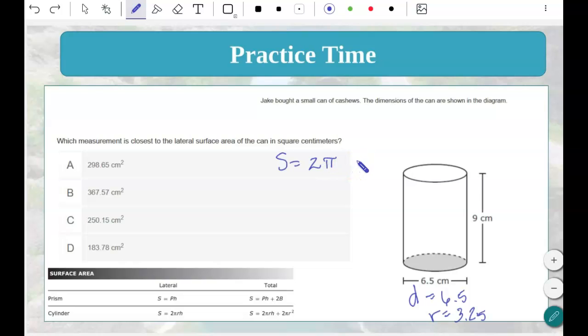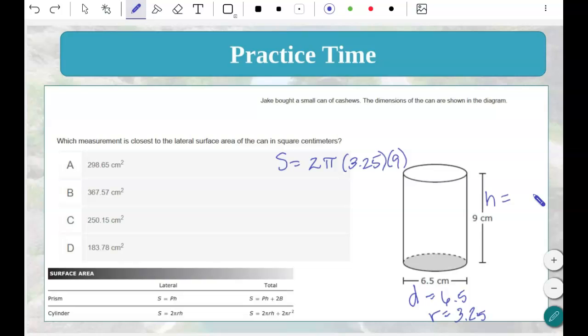And then we have to do 3.25, and then times the height, which is 9. This is the height. You can put that into the calculator just like you see it. So press the 2 key. The pi key, remember, is above that caret key, which is above the division key.